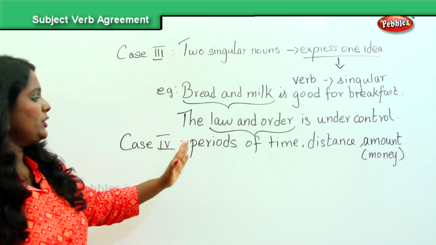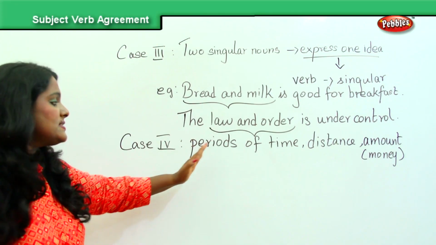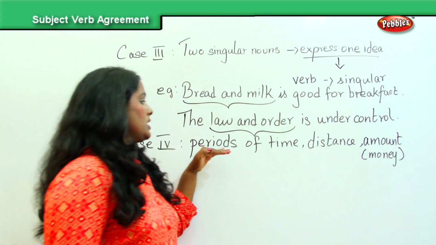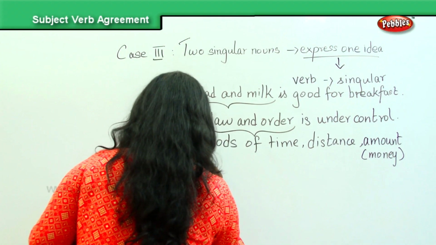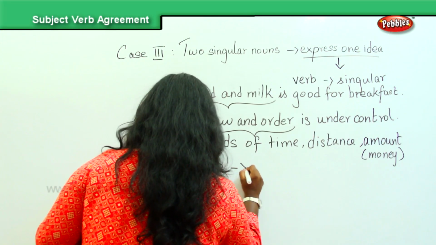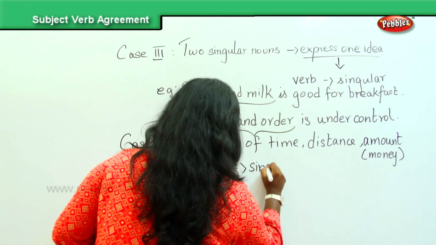Case 4, when you are given a sentence which includes the periods of time and distance and amount, your verb should be singular.